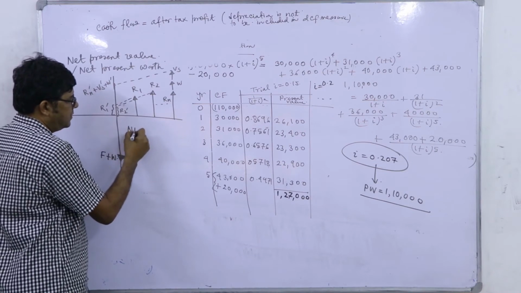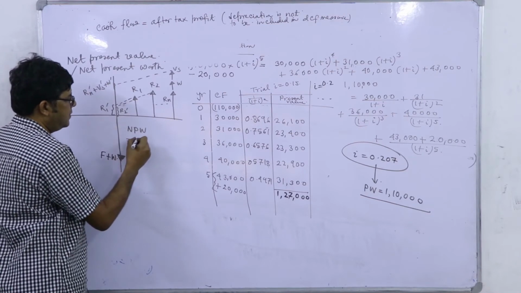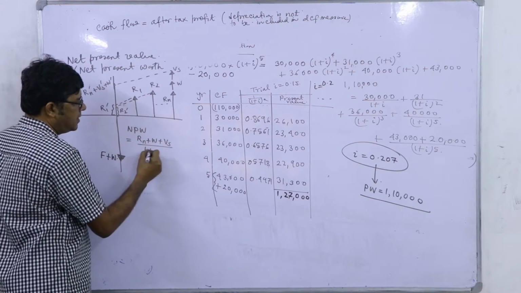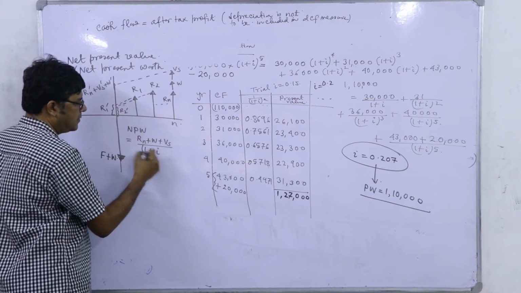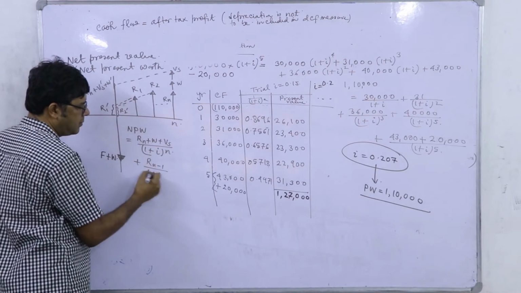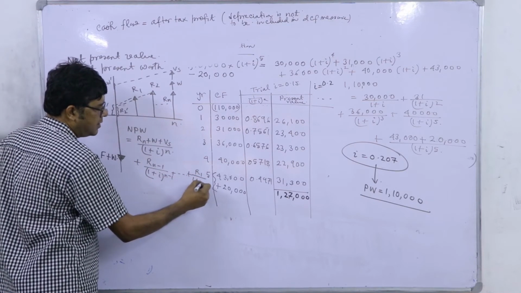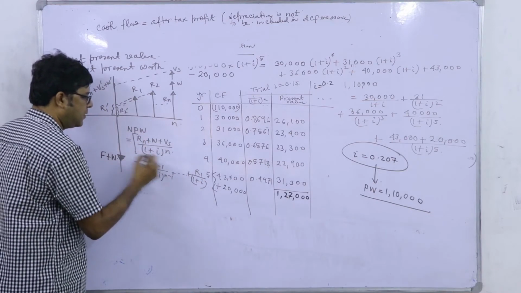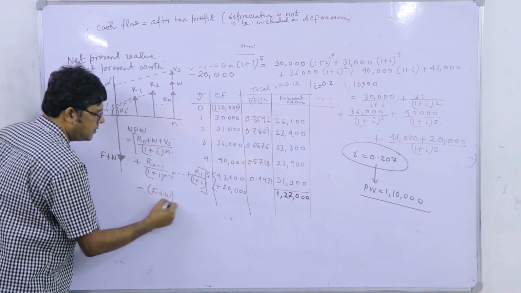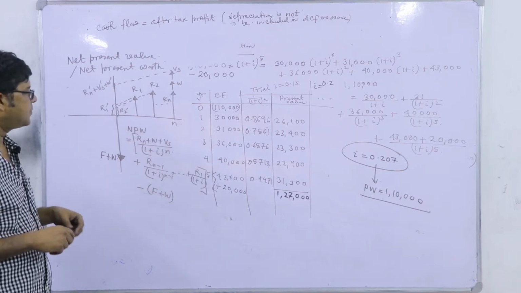So, net present worth we will calculate as Rn plus W plus Vs divided by 1 plus I to the power n, plus Rn minus 1 divided by 1 plus I to the power n minus 1, and in this way R1 divided by 1 plus I. So, that is the positive side, and you have invested F plus W. So that will give you your net present value or net present worth, right?